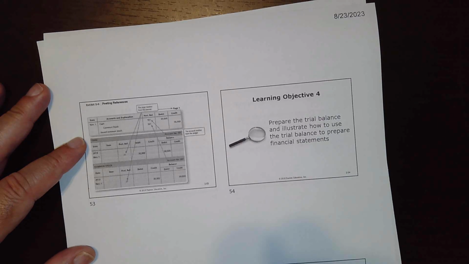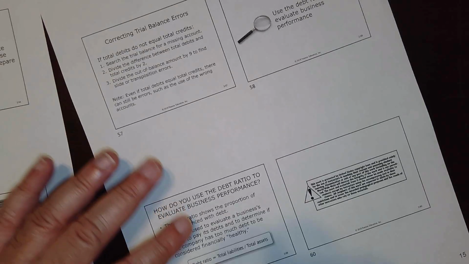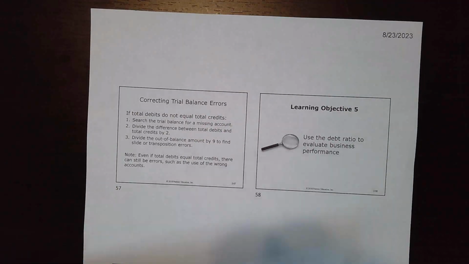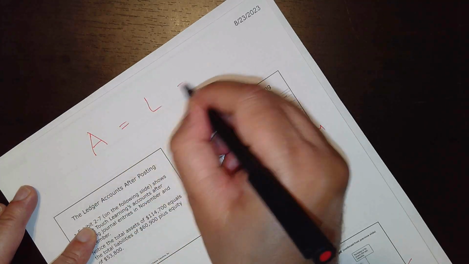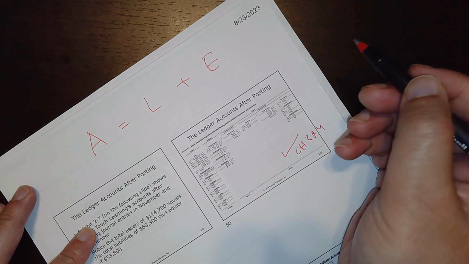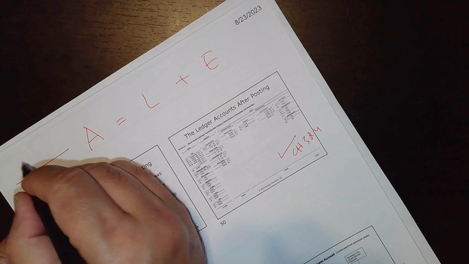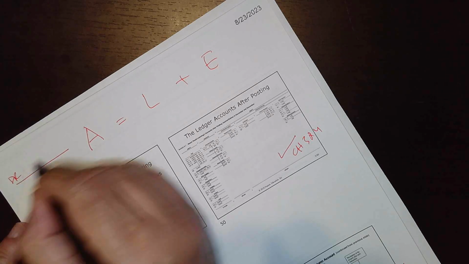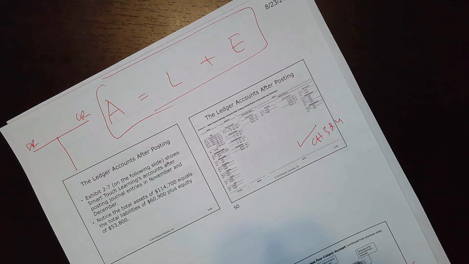The trial balance and everything we're going to talk about in chapter 3 and chapter 4. For this chapter, I want you to pay attention to your balance sheet equation: asset is equal to liability plus equity, and all the accounts. I also want you to focus on the T account, the balance sheet equation, and how the balance sheet expands on it.